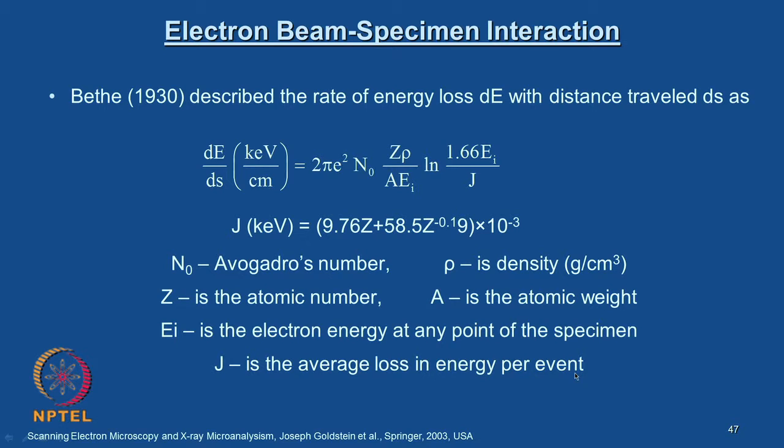This expression simply tells you how this energy loss takes place and how we can visualize it quantitatively with all these variables. I just want you to appreciate that point rather than getting into the details at this moment.